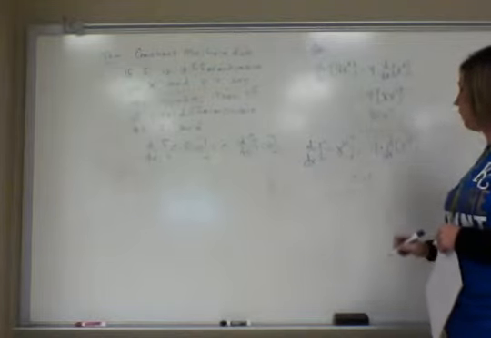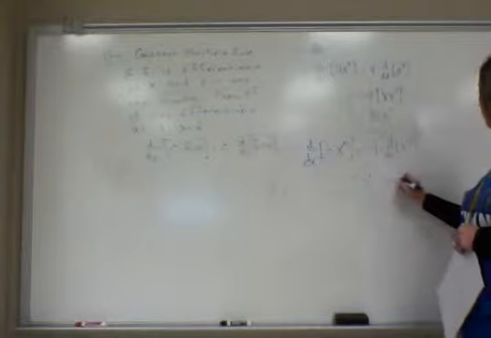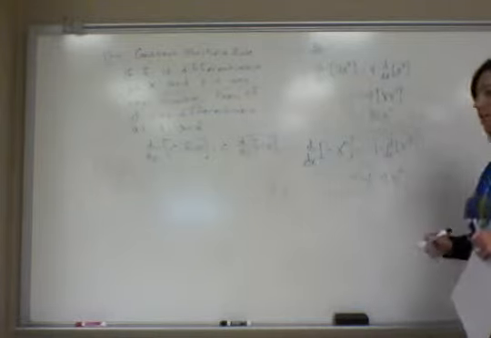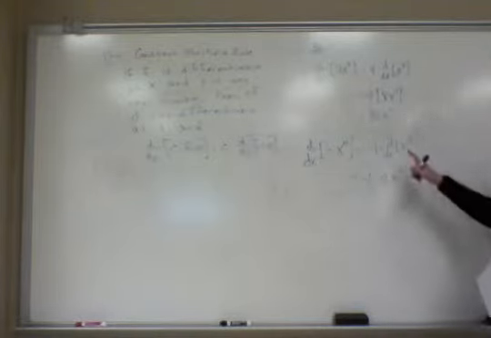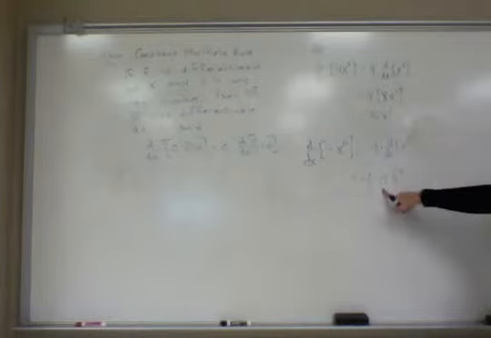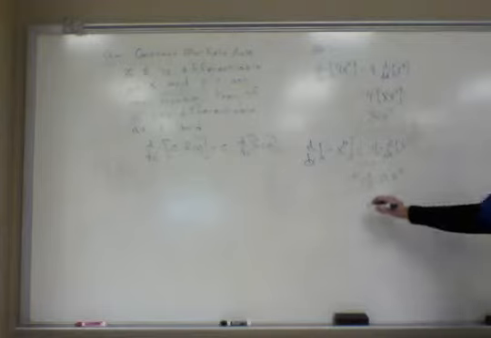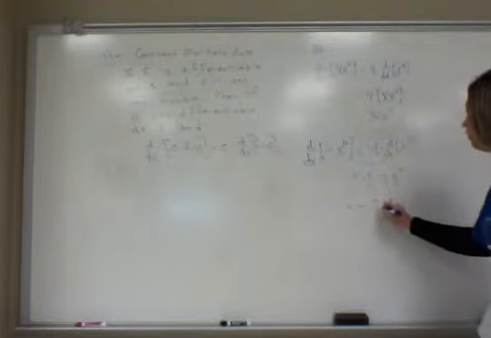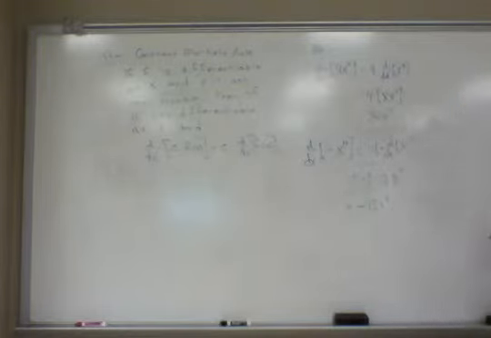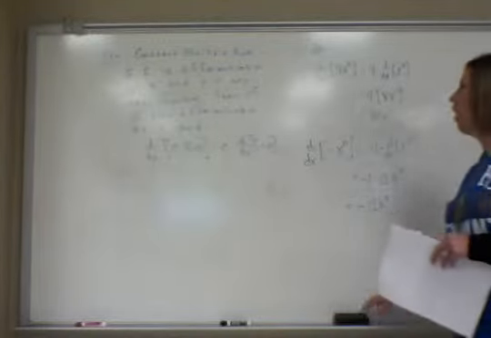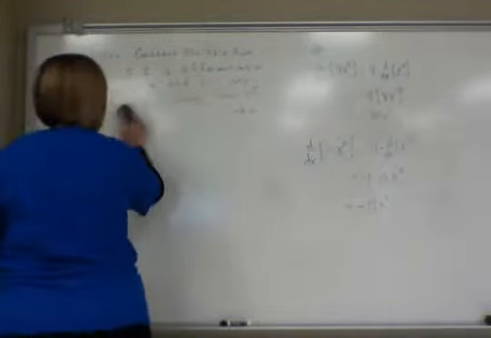Well, the derivative of x to the 12th is 12 x to the 11th. Okay, again, brought the exponent out as a coefficient, took the exponent down by 1 to 11, and so we end up with negative 12 x to the 11th. Okay. All right, one more of these.